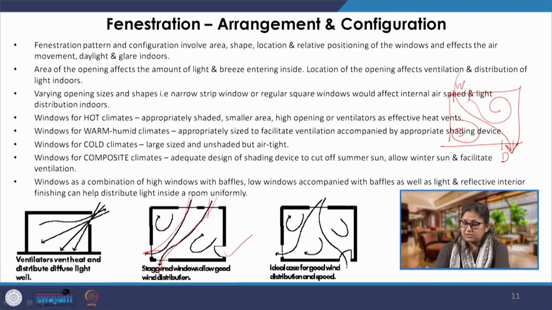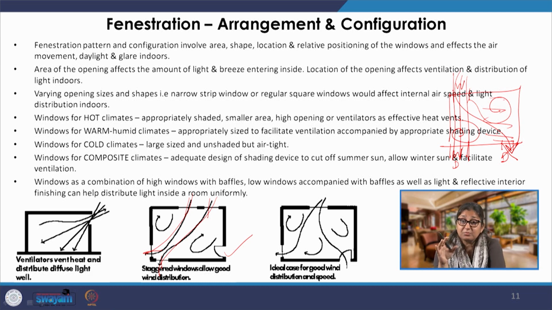In case there are windows or window cum door on opposite sides, there will be cross ventilation only in this part of the room, and this part of the room will be devoid of any natural ventilation.